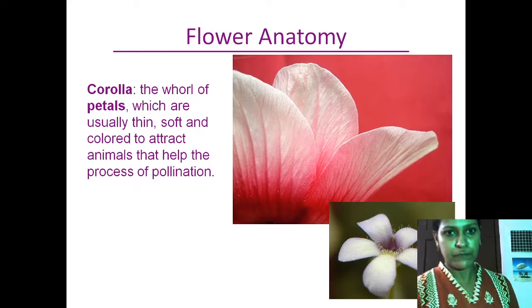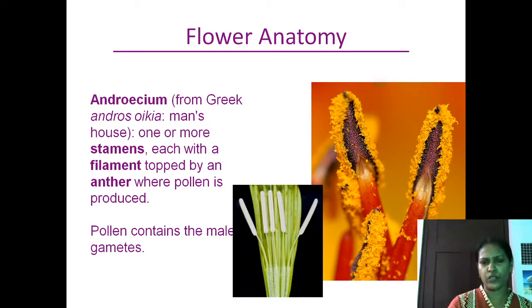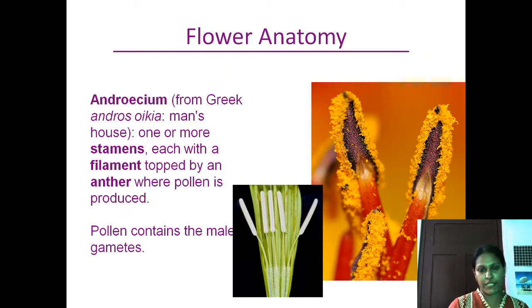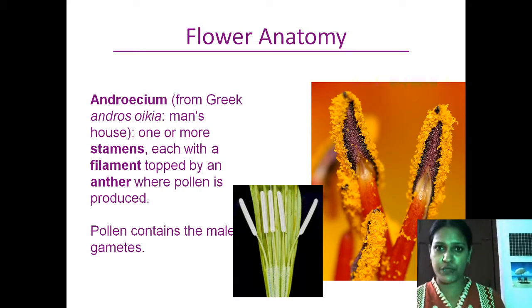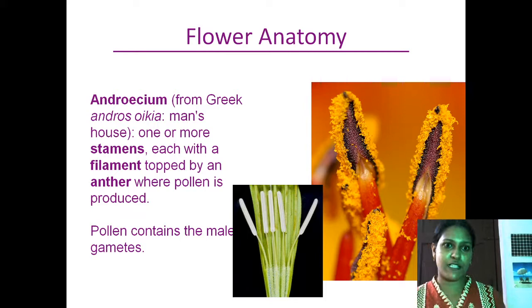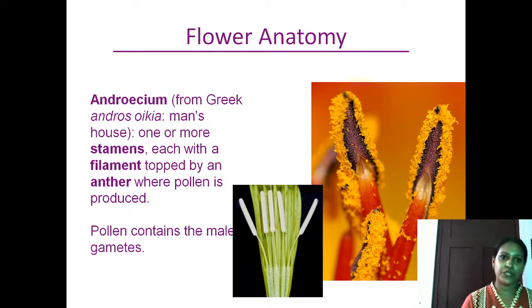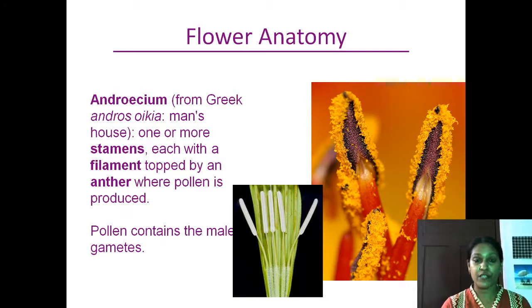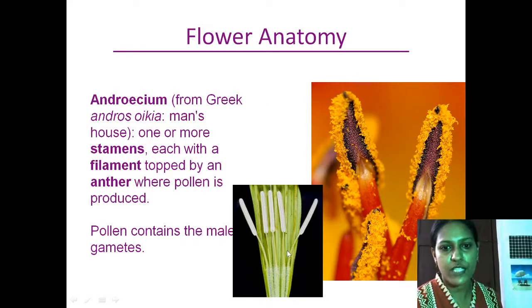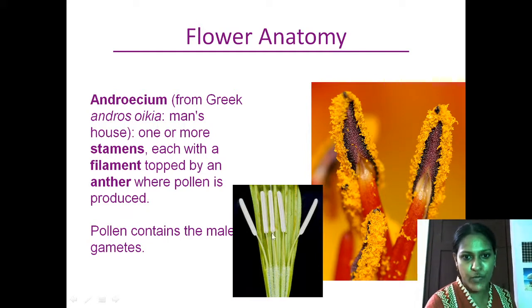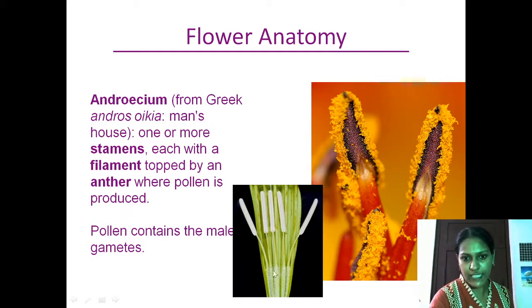Fine. Now we'll go to the fertile parts, the fertile appendages. Sterile appendages are already finished. Which are they? Sepals and petals. Now we'll move to the fertile appendages. The first one is the gynoecium. Sorry, androecium. Androecium consists of, look at this. Hope you could see the pointer. This white part is our anther, and the green long stem is called the filament.